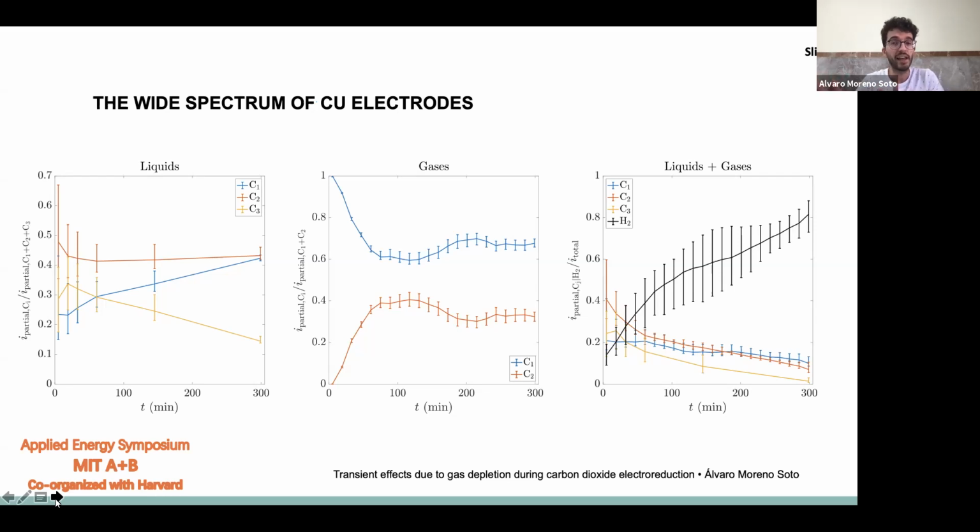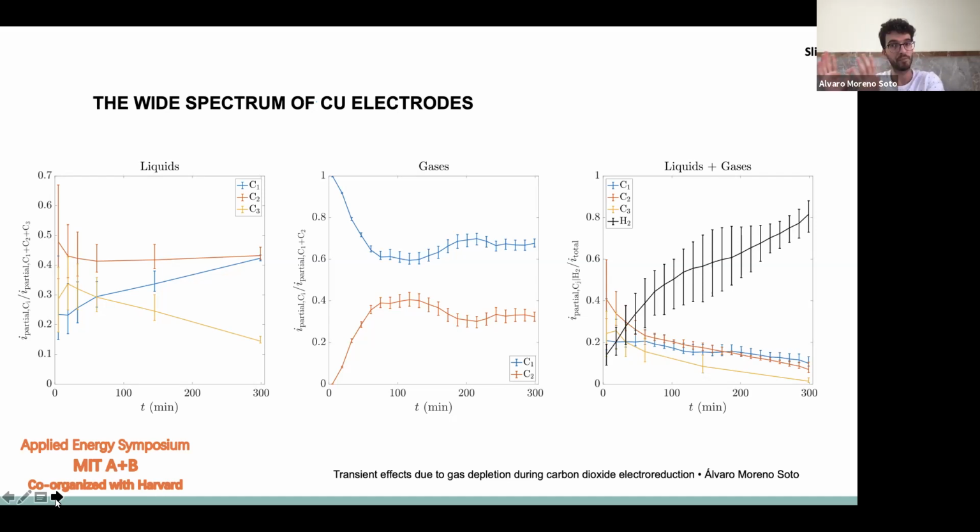As we go by in time, the energy input into the system is decreasing just because we have less CO2 available to react. As less CO2 is available, the system is going to move towards easier and lighter carbon products, for example formate. Or in terms of gases, it's going to be more stable to generate carbon monoxide than, for example, ethylene. Why? Because ethylene is heavier; it has more carbon atoms.